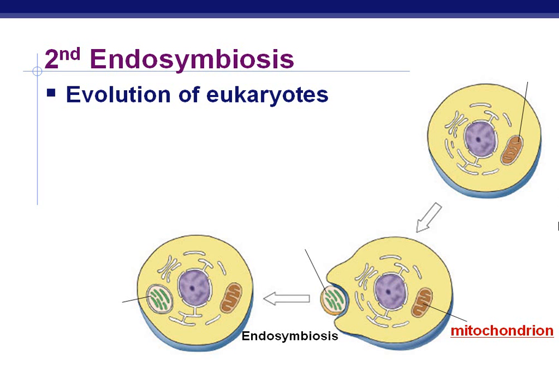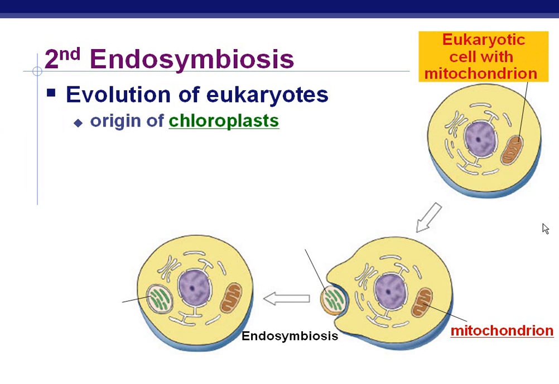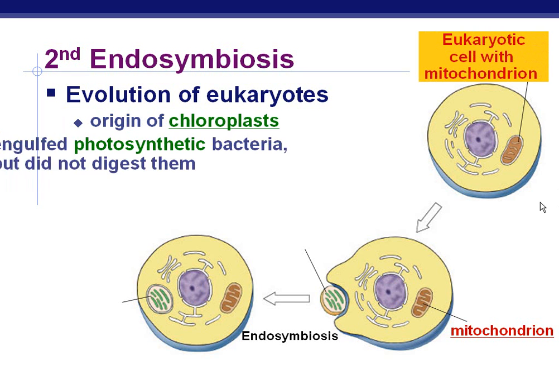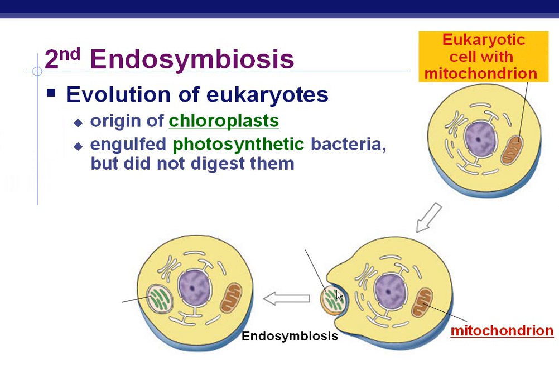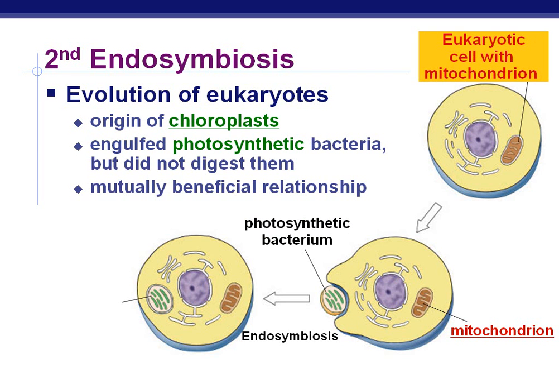Second symbiosis, further evolution of eukaryotes. What about the origin of chloroplasts? Same idea as we saw with the mitochondrion, but now instead a photosynthetic bacterium gets engulfed but not digested. Same principle where there is a mutually beneficial relationship, and because this cell can make energy in two ways, natural selection again.